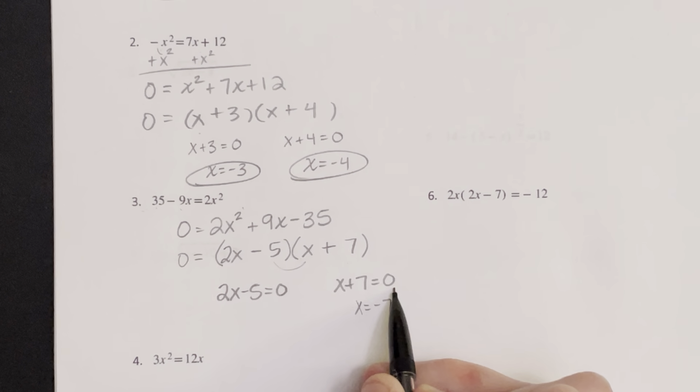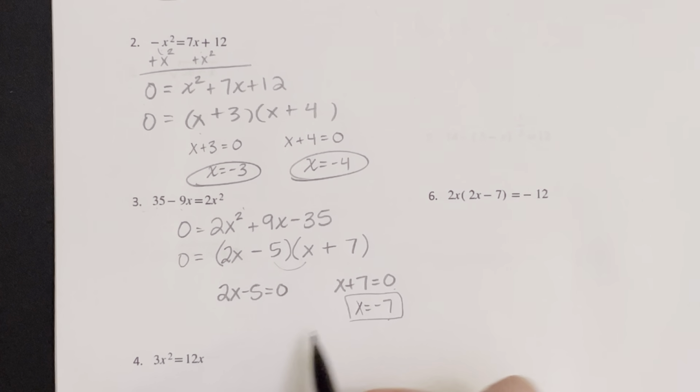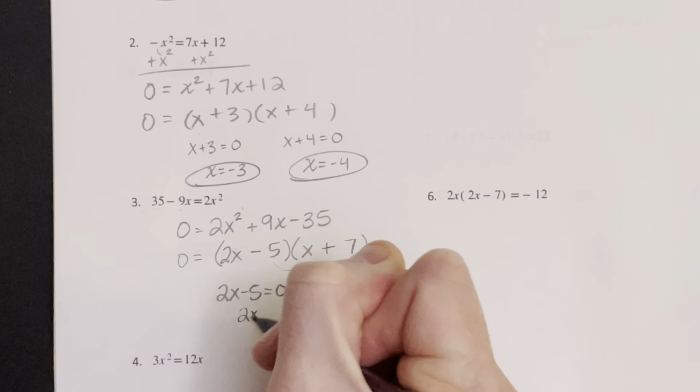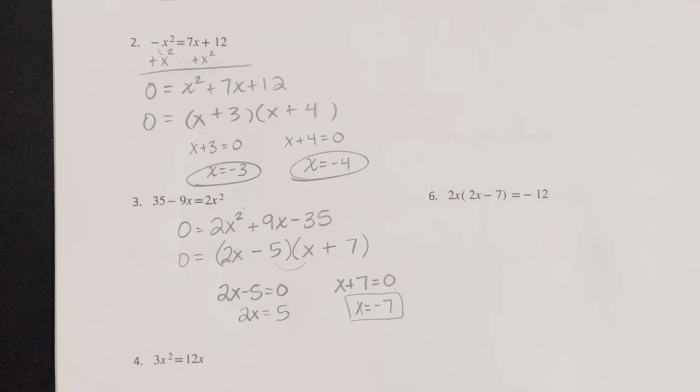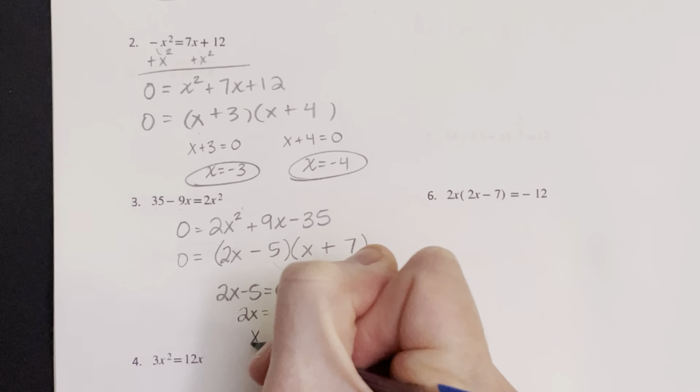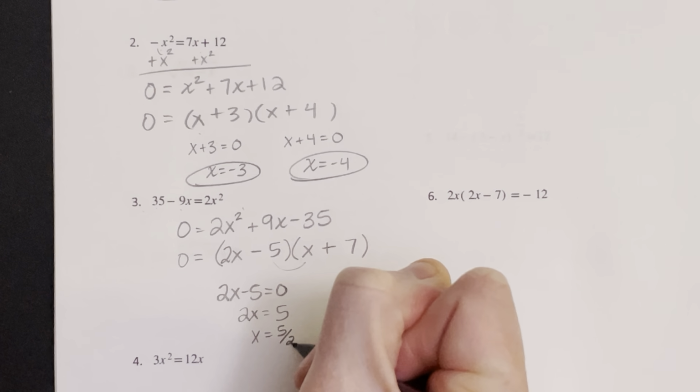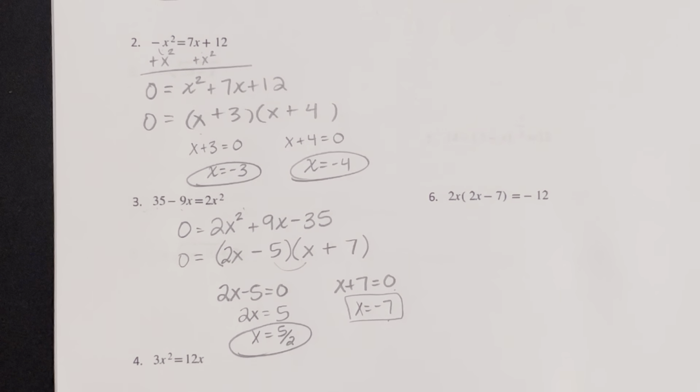So I'd subtract 7, 0 minus 7 is negative 7. That's why this works out this way. Same thing here, we're solving this equation. So I'd add the 5 over, which makes this 2x equals 5, divide by 2, so x is 5 halves. We're not guaranteed that we get exactly nice numbers, but a fraction isn't necessarily an ugly number.